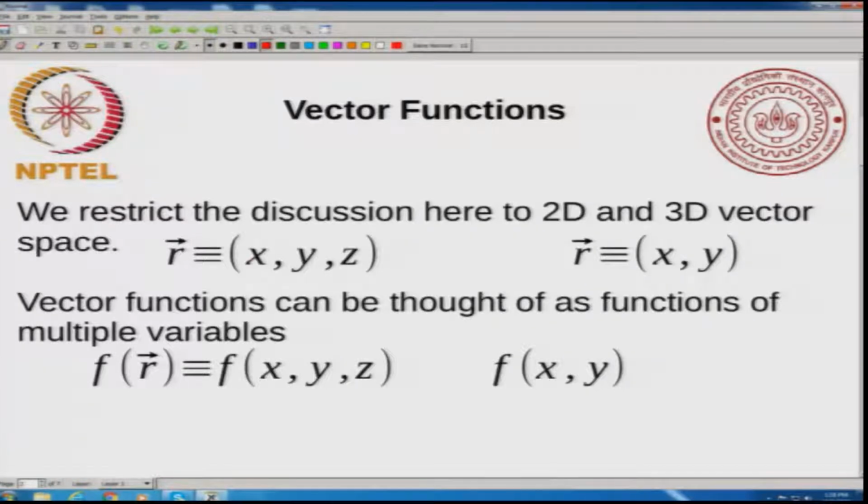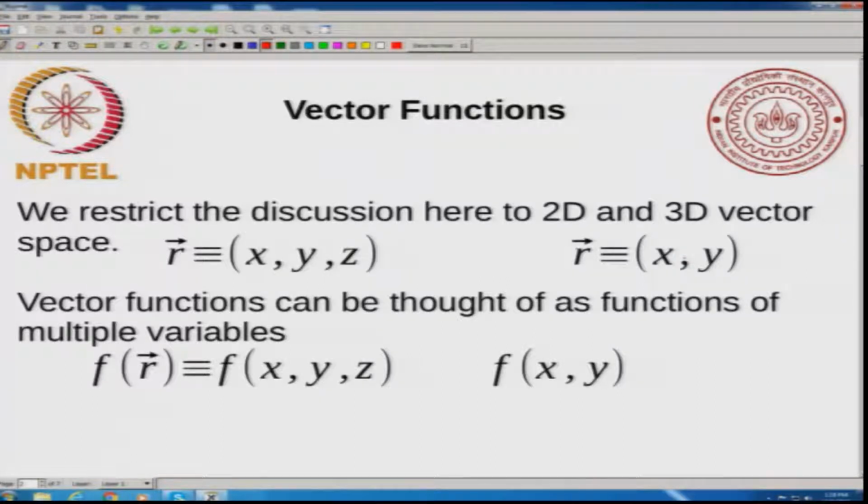If you have a 2-dimensional vector space, you can think of an arbitrary vector R as having 2 components, the x and y components, or you can think of it in the xy plane in Cartesian coordinates, as some arbitrary point.